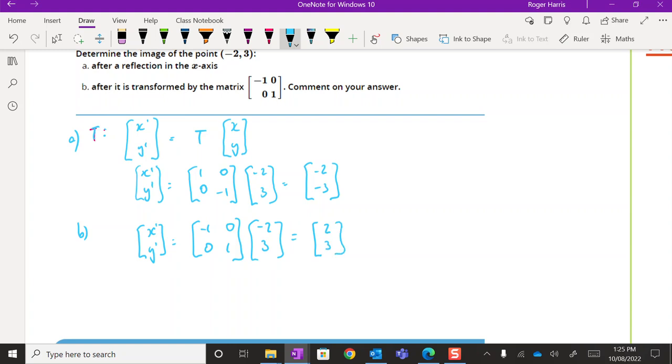In this case that was a reflection in the y-axis, because that was this rule here.